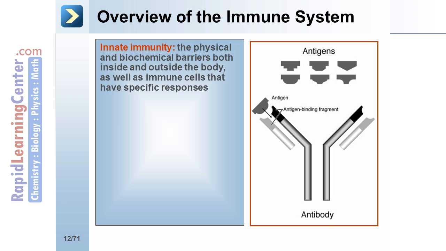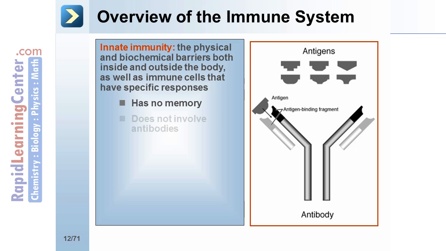The immune system itself is divided into two types: innate and acquired. Innate immunity includes the physical and biochemical barriers both inside and outside the body, as well as immune cells that have specific responses.